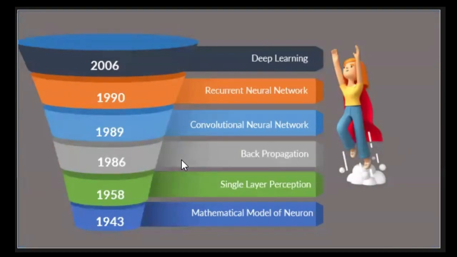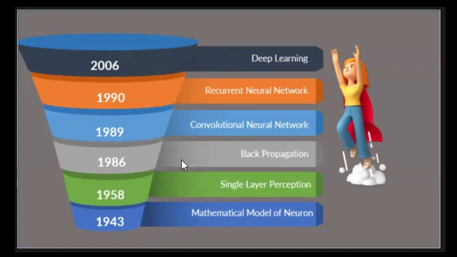Then 1986, backpropagation. We will learn what that means. 1989, convolutional neural network, CNN. This is a huge change that we are using. 1990, recurrent neural network. 2006, deep learning.